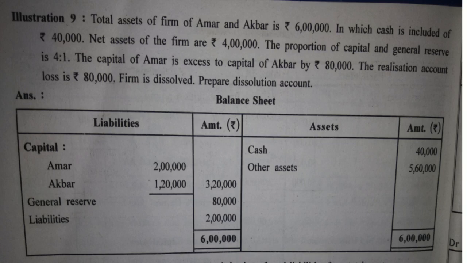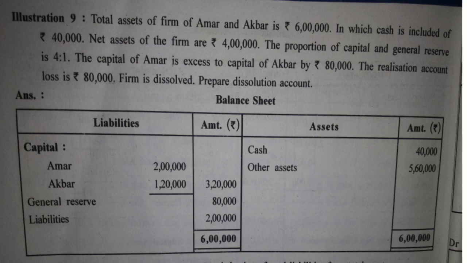So 80,000 is the amount of general reserve, and if you remember how to deal with the balance of general reserve at the time of dissolution, it says that it is to be credited to partners' capital accounts in their profit loss sharing ratio, which is 1:1 taken here because it is not mentioned in the sum. Whenever the profit and loss sharing ratio of partners is not mentioned, it is to be considered equal.